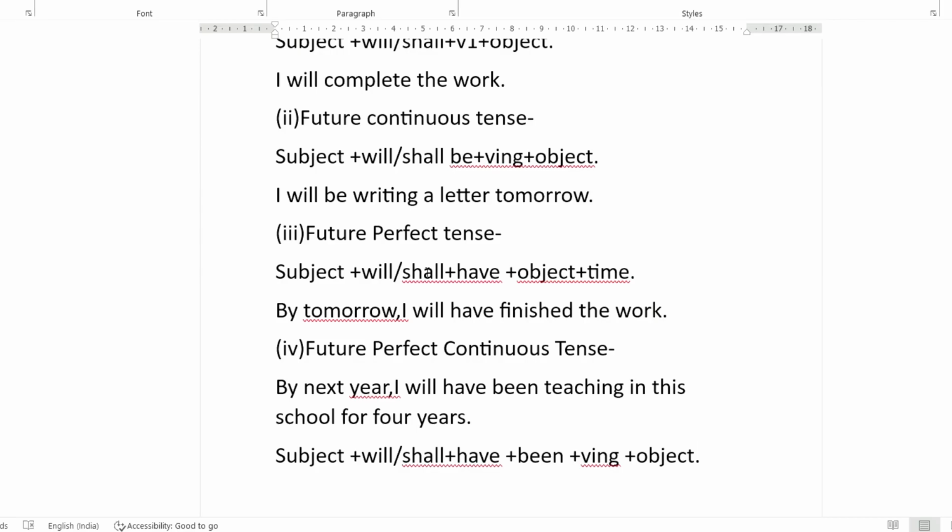Future perfect is a kind of prediction where you are telling that in the near future you will have completed the particular work. It is subject plus will, shall plus have plus object plus time. Future perfect continuous tense: a work started long back, it is continuing now also, it will continue in the future also, and then it will be completed.